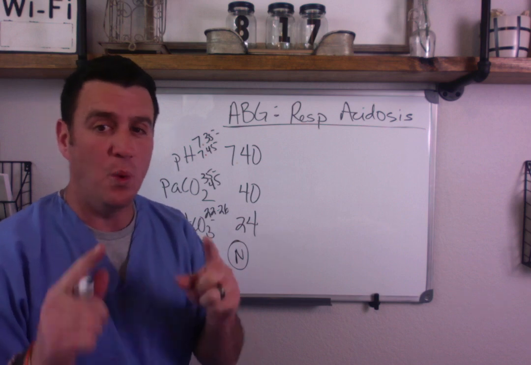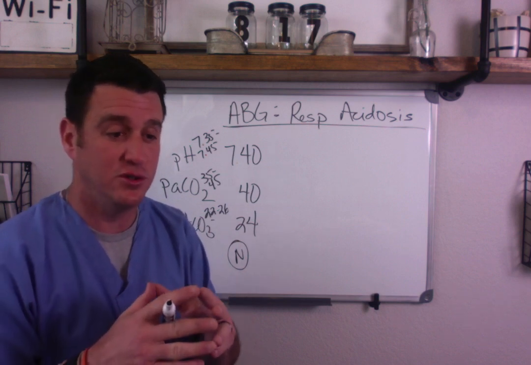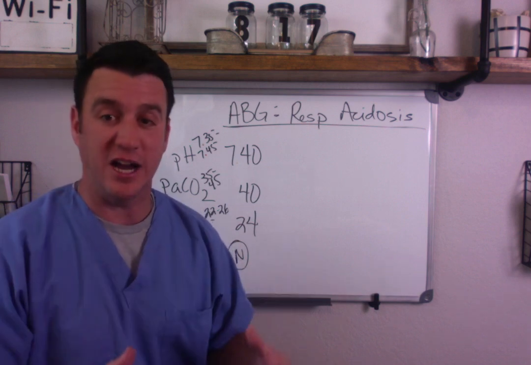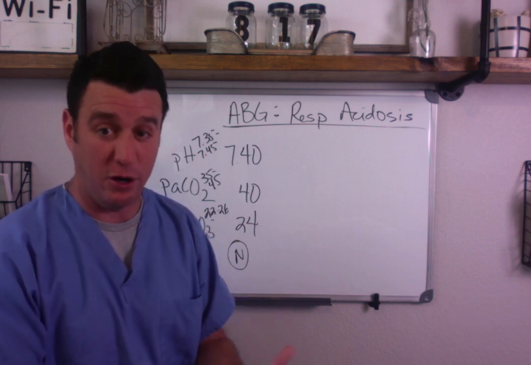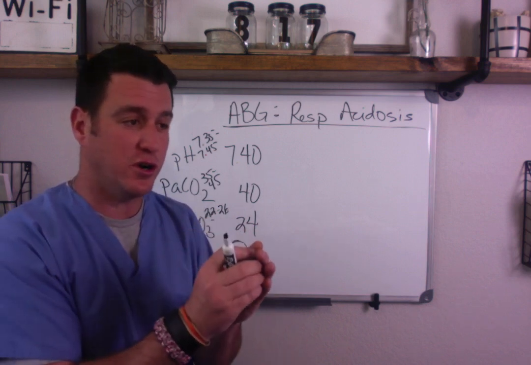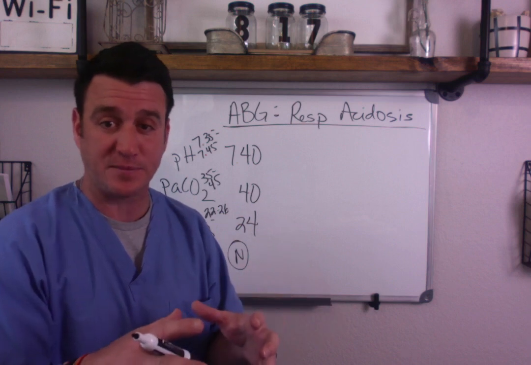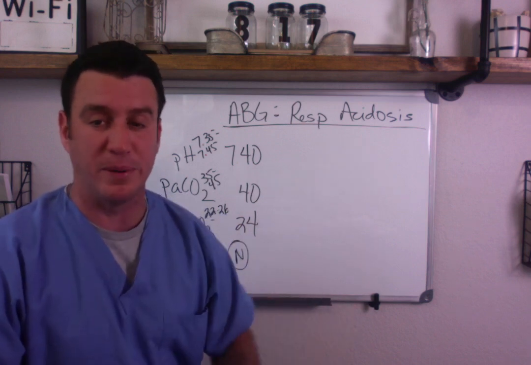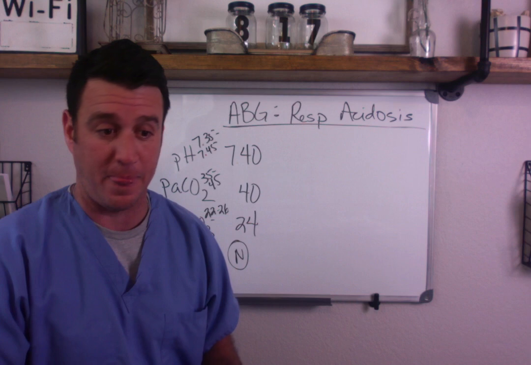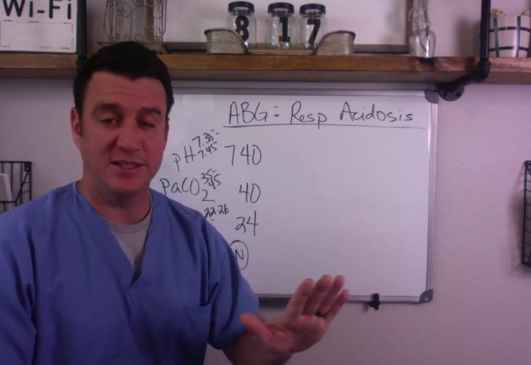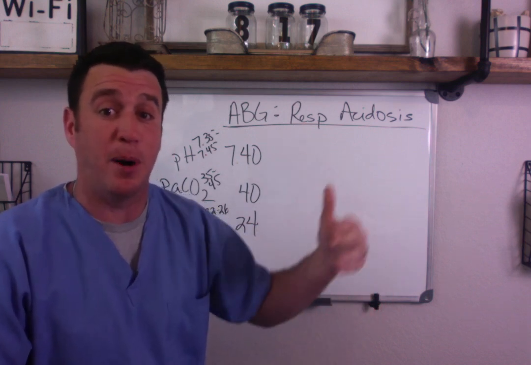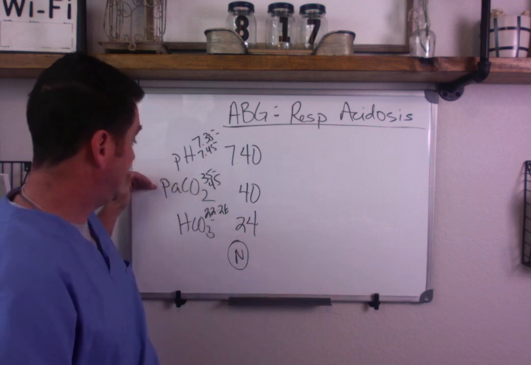Okay? Now, what happens when somebody goes into a state of uncompensated respiratory acidosis? Well, the term uncompensated means that there is no compensatory mechanism happening. Respiratory tells you that it's the respiratory component that's the problem, which is the CO2.